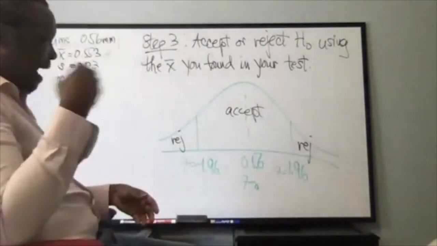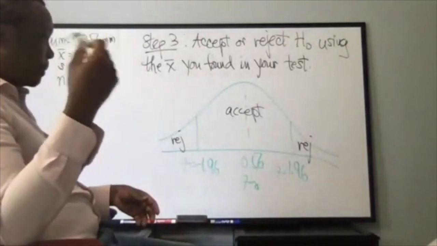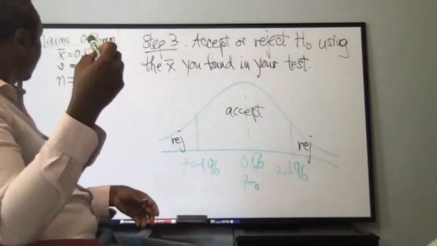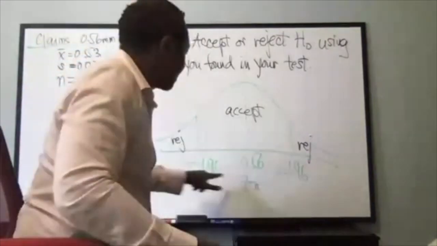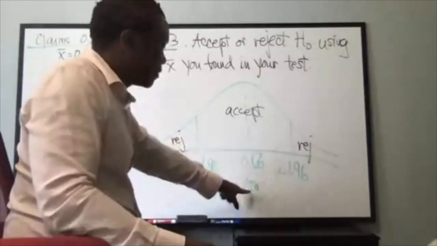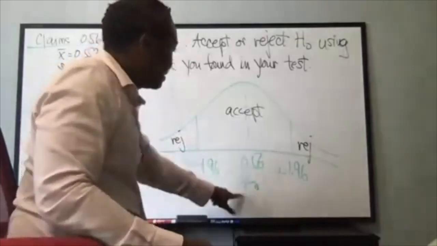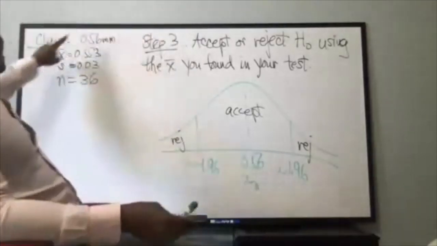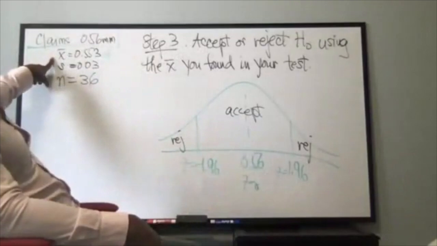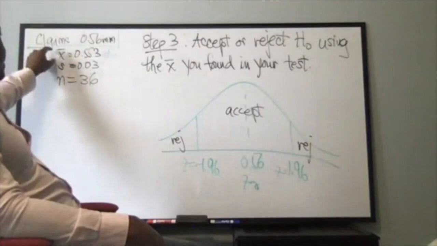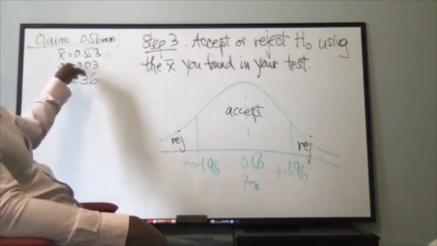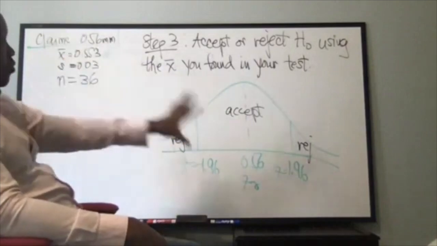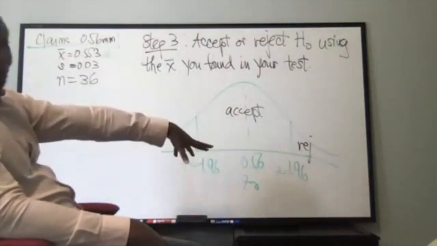And I hear you. You're saying, what are you talking about? Because see, these are Z's right here. These are X bar, but we transformed it to a Z. See, these are Z's, and what we found is in terms of X bar, 0.553. So there's one final step we have to do. We just have to simply change this X bar that we found to a Z, and then we'll be able to see where it fits on here.